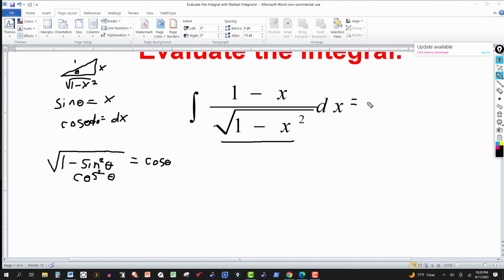So let's come back over here then. And we're going to transform this into an integral involving theta. So this will be 1 minus, and x can be replaced by sine theta.